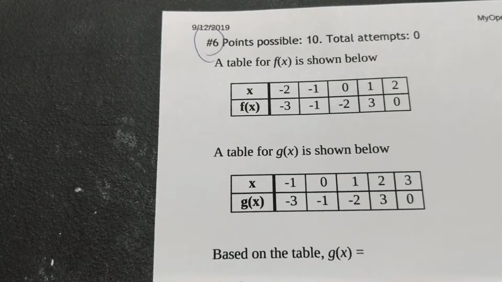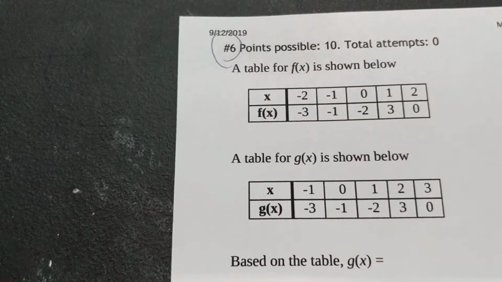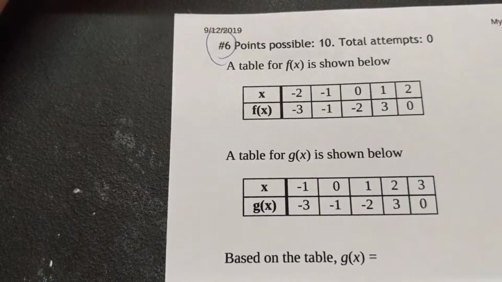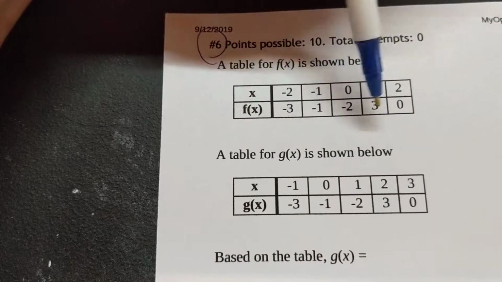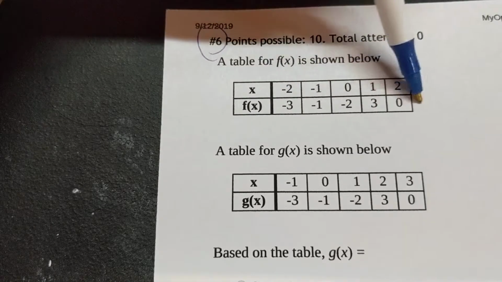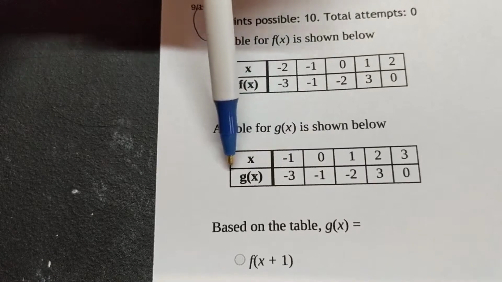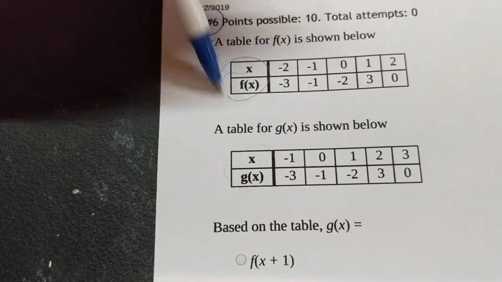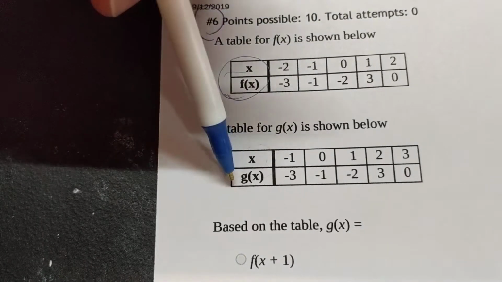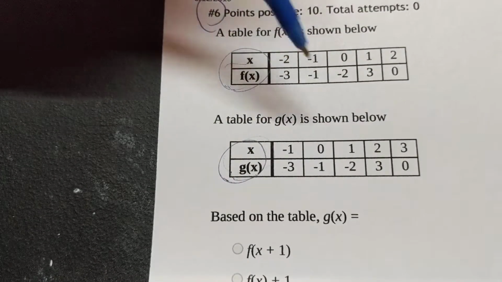So now number 6, I see a table with f of x versus g of x. If we start out with f of x, it has these inputs and outputs here: negative 2, negative 1, 0, 1, 2, and so on. What I noticed, guys, is that f of x is the starting function, and g of x is the second one.